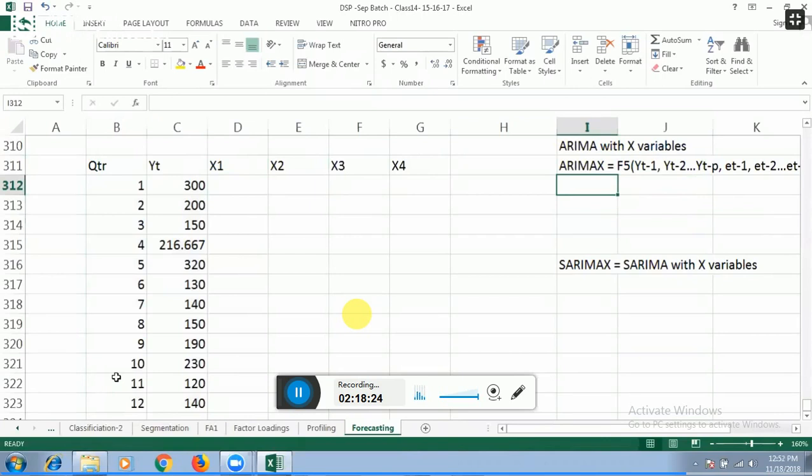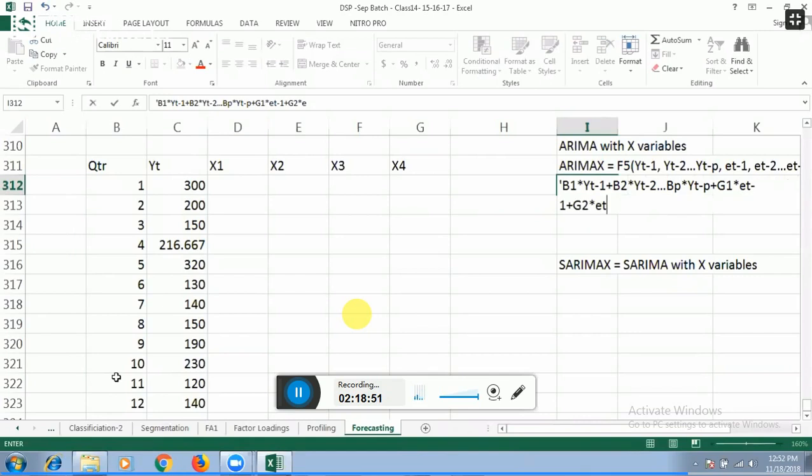My mathematical equation will be beta 1 times YT minus 1 plus beta 2 times YT minus 2, and so on, beta P times YT minus P, plus gamma 1 times ET minus 1 plus gamma 2 times ET minus 2, and so on, gamma Q times ET minus Q, plus P1 times X1 plus P2 times X2 plus P3 times X3 plus P4 times X4 plus constant.